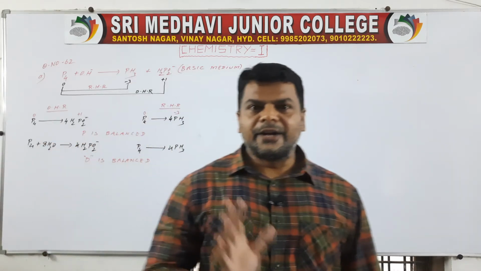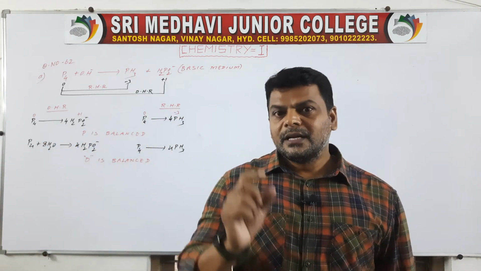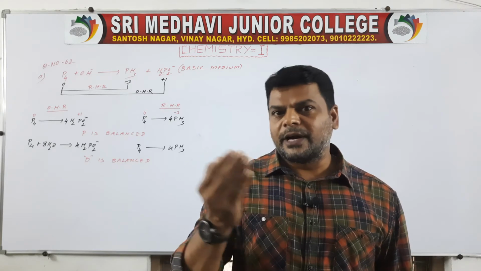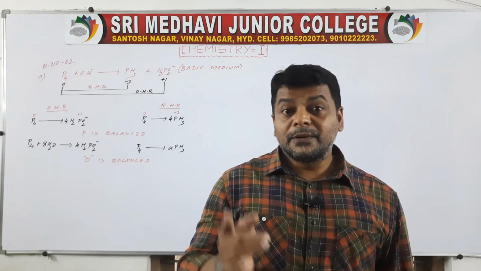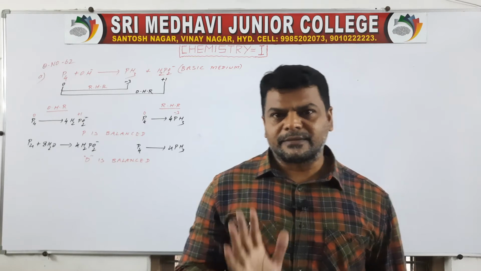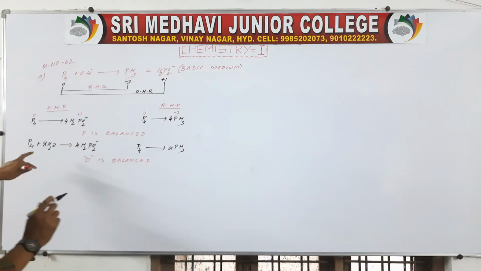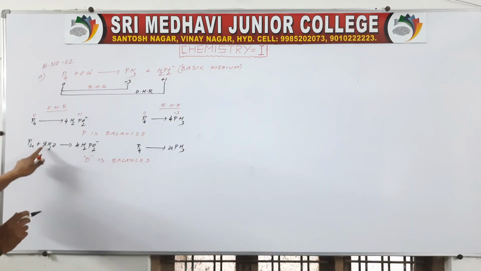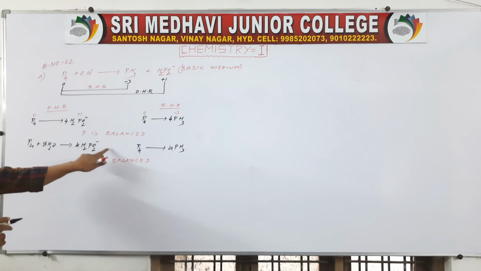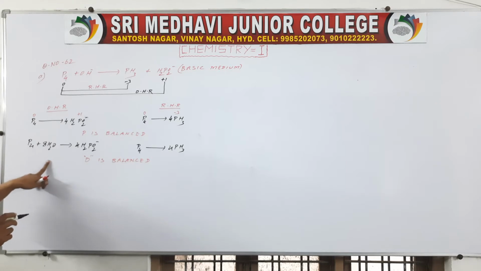For balancing hydrogens in basic medium, on the side with less hydrogen you have to add water molecules, and on the opposite side you have to add OH minus. See here, 4 2s are 8, 8 2s are 16. Here you have to add 8 H2O, here 8 OH minus.